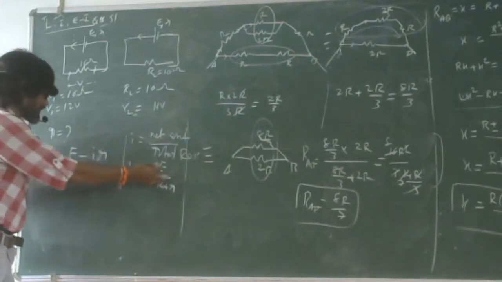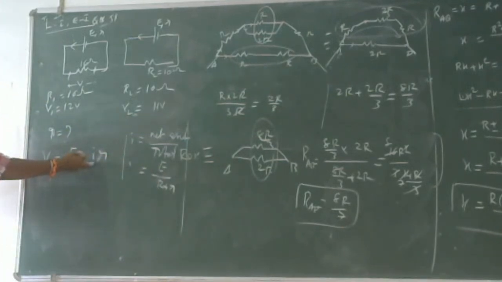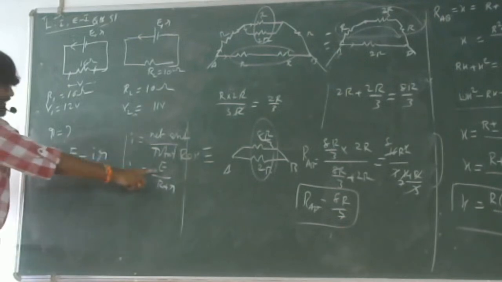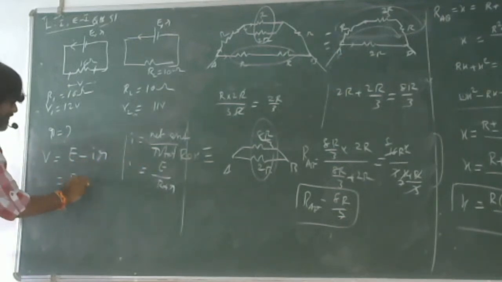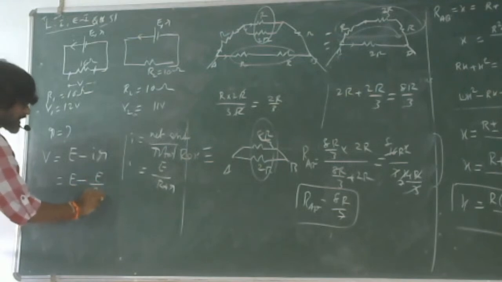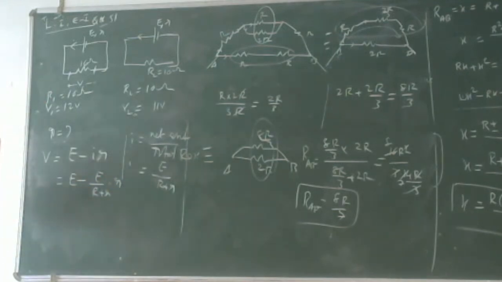If you substitute this here, then V is given, E is unknown. You can write it as E minus I, that is E by R plus small r, into small r. V in the first case is 12 volts. Take this as R1, so it is V1. Here we have two unknowns.